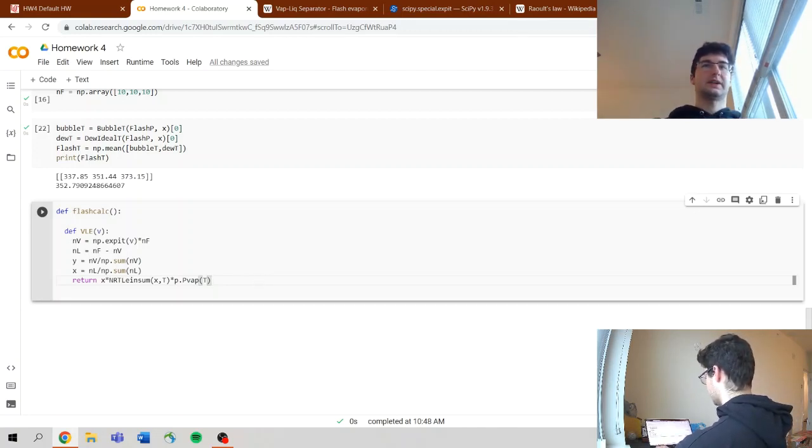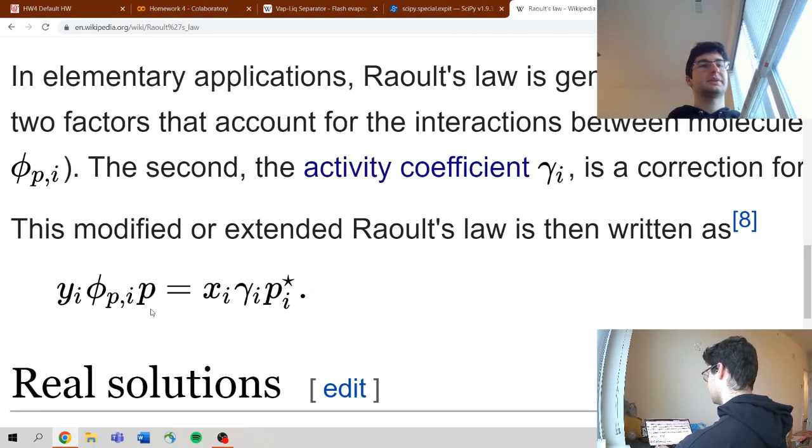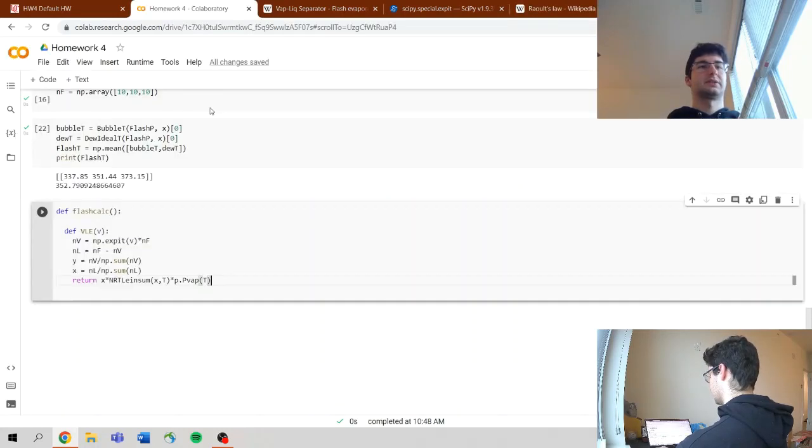Okay, so that's one side of Raoult's law. And because we want to zero this function out, we're going to move this side over too, and later ask a root finder function to find the zero of this function, so this expression then becomes true. So we're going to do minus y times our total pressure.